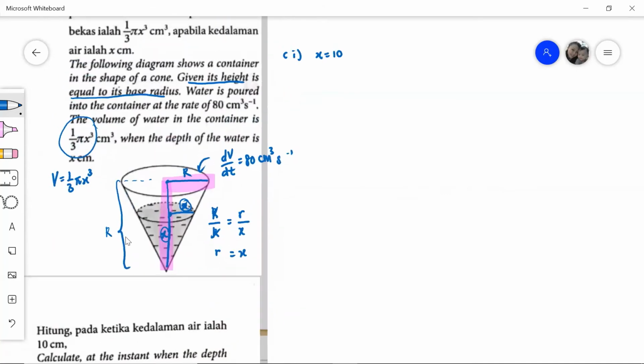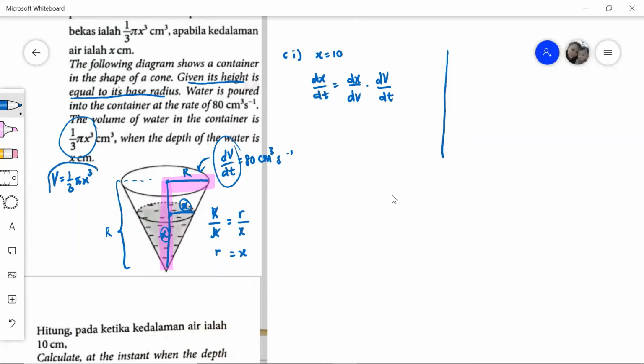So we are looking for dx by dt. So we split this into two parts, and then we chain them together with the rate of change that we have. And the rate of change that we have is in terms of volume, so we chain these two together by the dV.